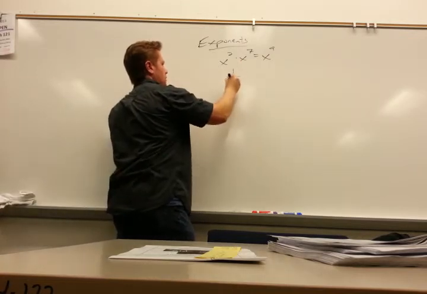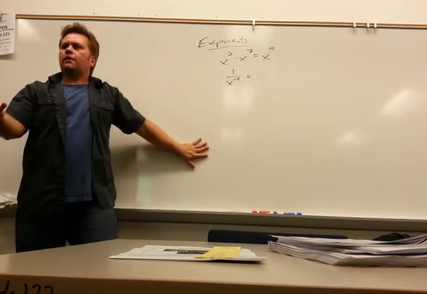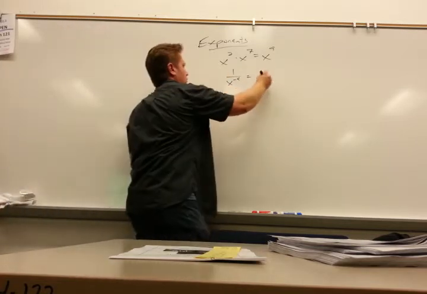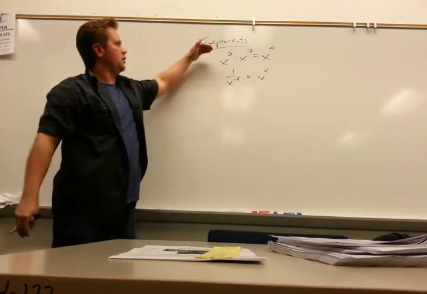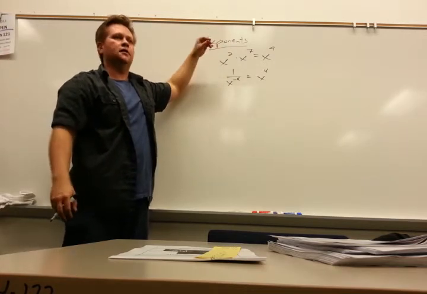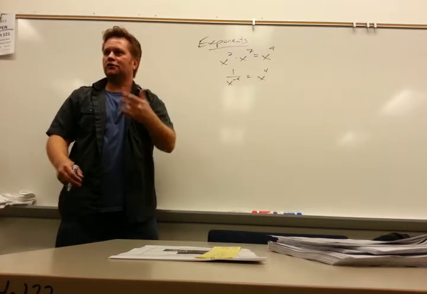What does this mean here? Beautiful, because the negative power tells you to flip, right? Not a big deal. So you can see how all the properties of exponents come from the way it's defined. And it's because math people are lazy or frugal with their time, whichever way you like better.